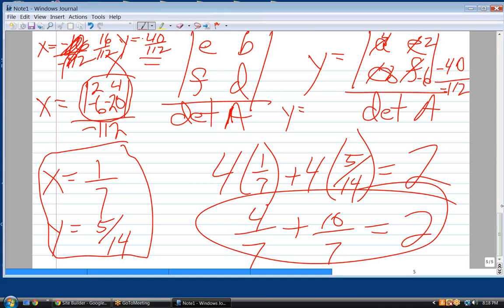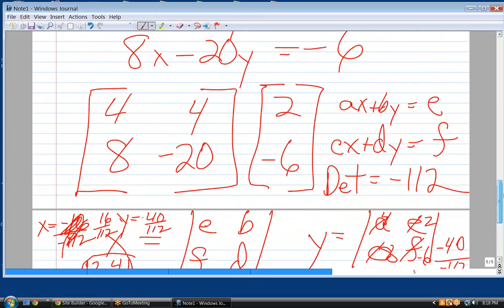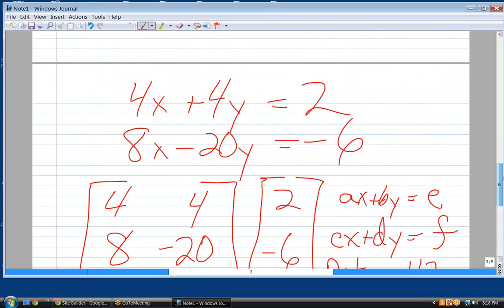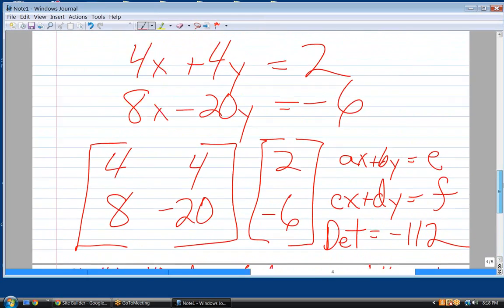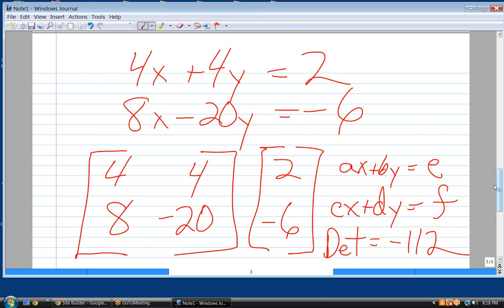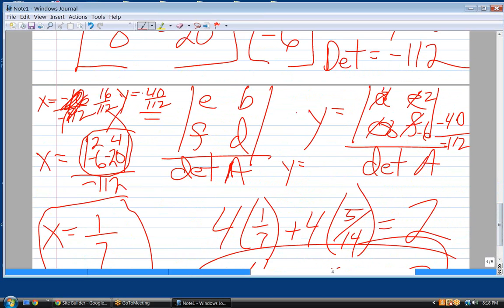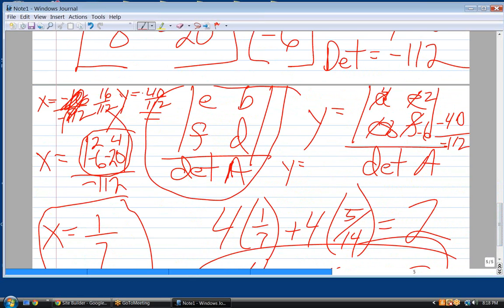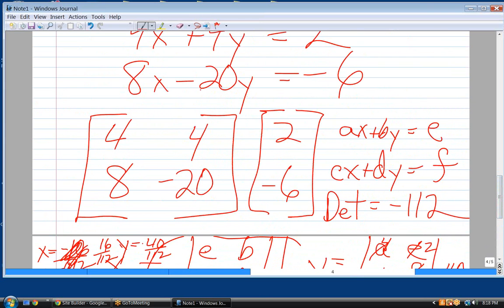Did you understand what I did here in applying Cramer's rule? Yeah. Cramer's rule pretty much requires you to memorize this. That the x value is going to be the determinant of that matrix divided by the determinant of the coefficient matrix. In other words, the matrix that I wrote right here was the matrix of just the coefficients.